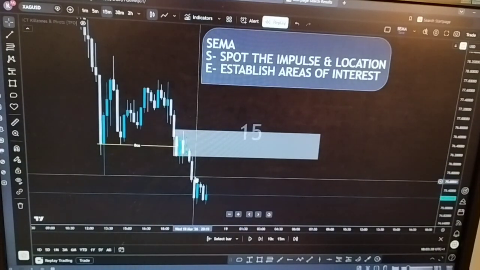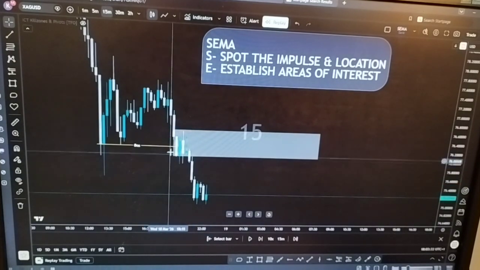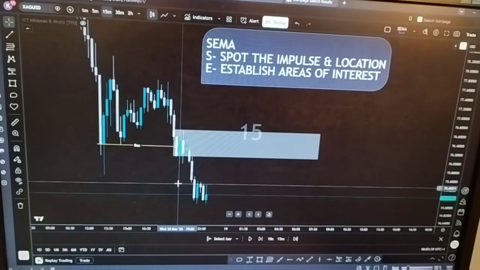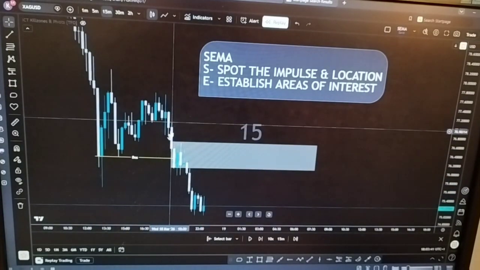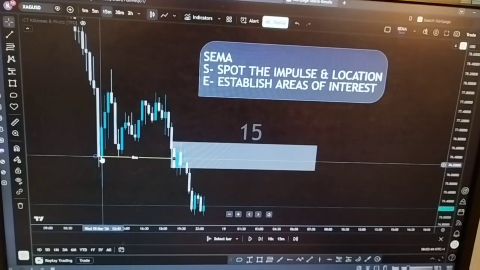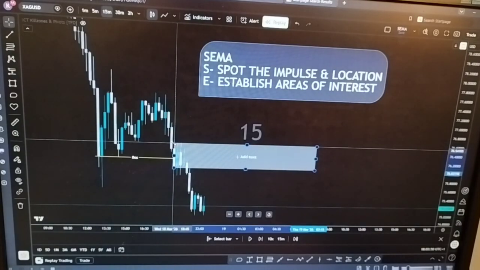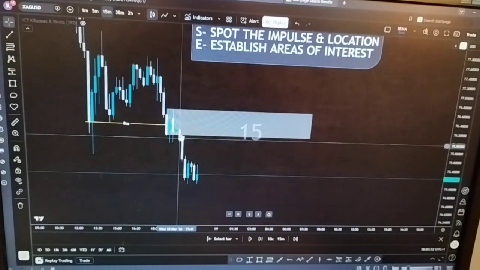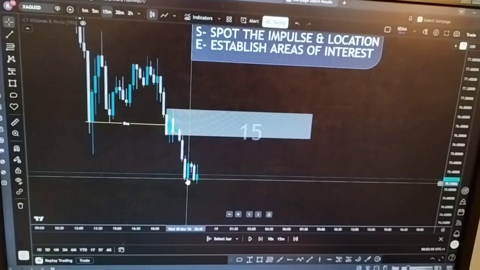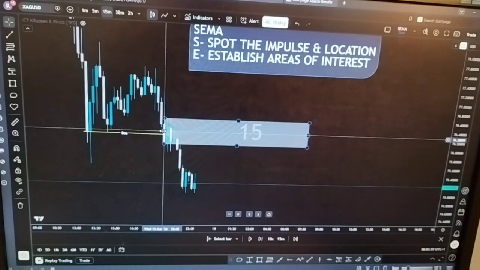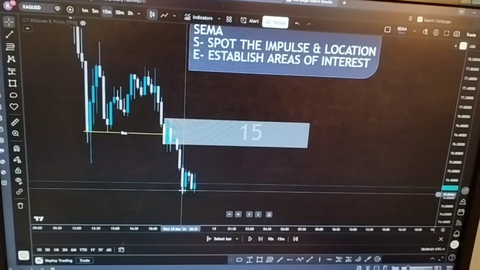The decisional area can happen before the break of structure, or it can happen immediately after the break of structure. From here you can see that the impulse dropped to the downside. After that the market had to make a decision before dropping down further. So do we accept this break? If we accepted this break, then we're going to drop down further.